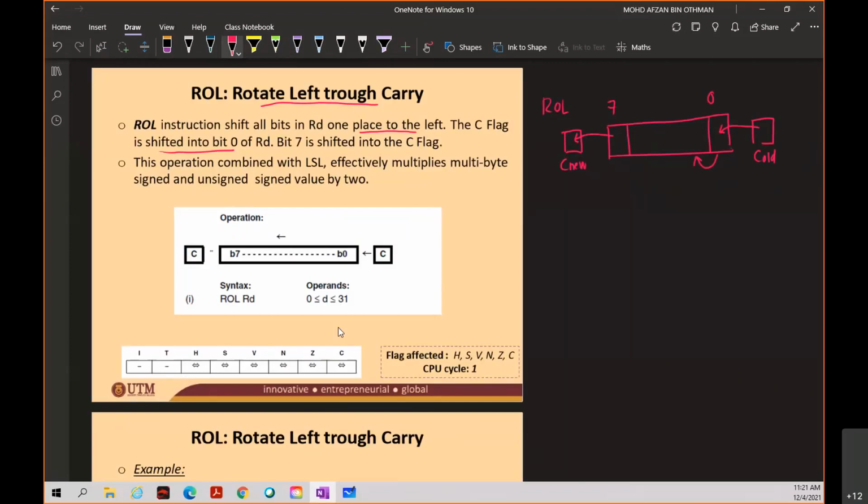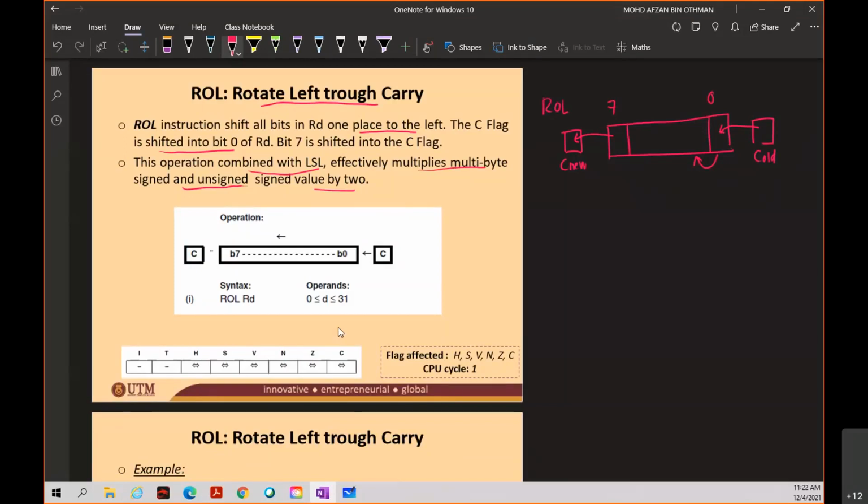Okay, so this operation, when you combine it with LSL, effectively multiplies a multi-byte signed or unsigned value by 2. If you're going to multiply a 16-bit number by 2, you can use the LSL, and after that ROL, so that you can do the multiplication by 2.